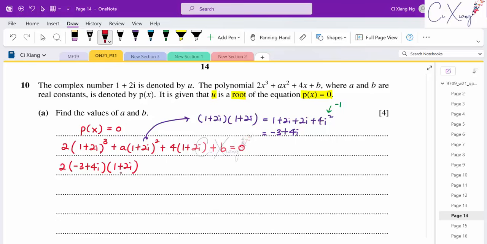Then plus a, I just copy, again with (1 plus 2i) squared substituted as negative 3 plus 4i. The remaining part I can expand slowly.